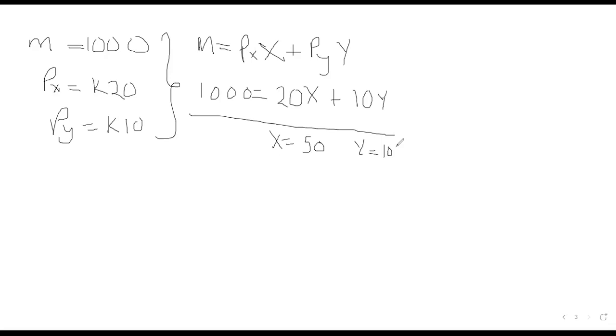So how do we plot this? 50 on the x-axis and 100 on the y-axis. What is on the X? 50. And on the Y we have what? 100. That's how you plot this budget line.